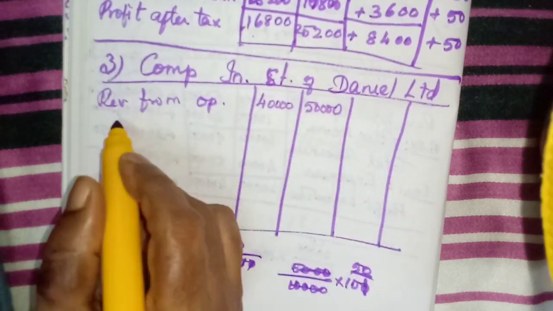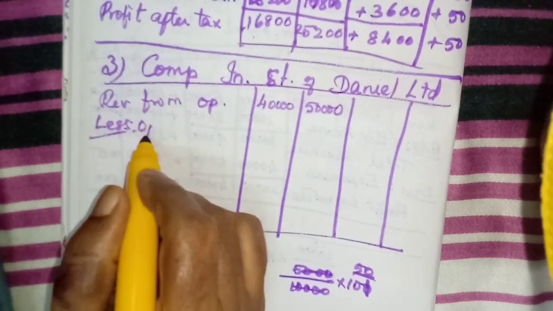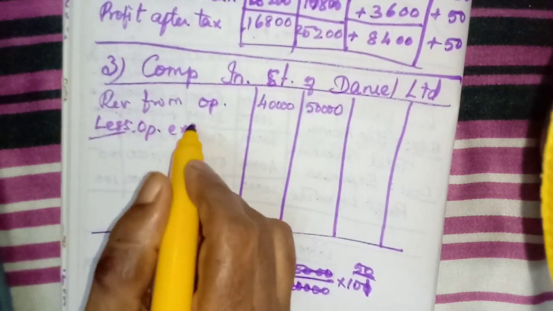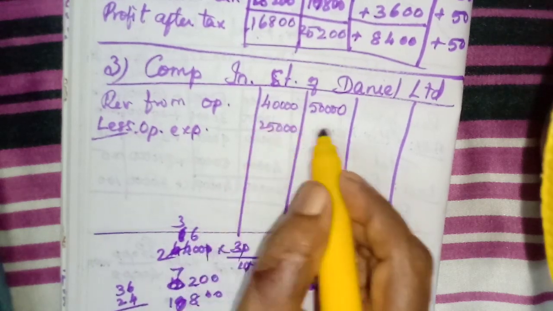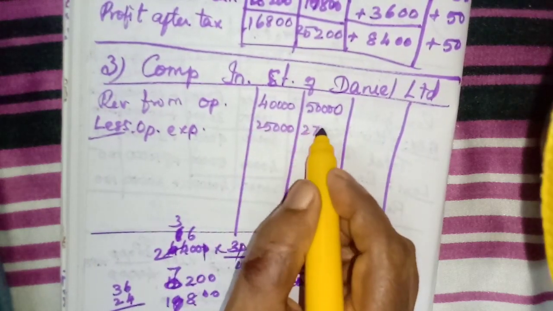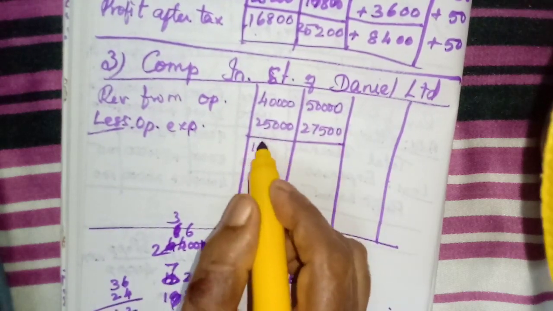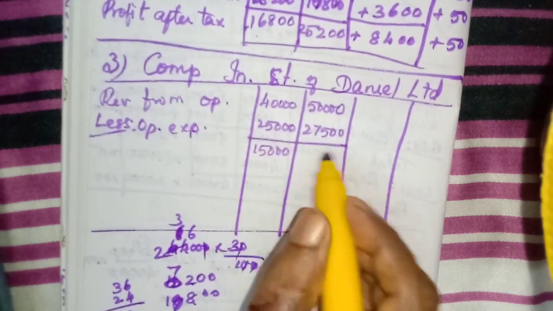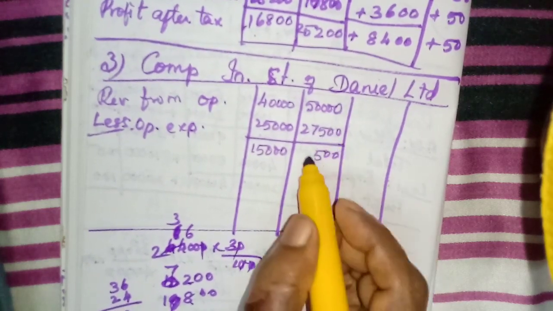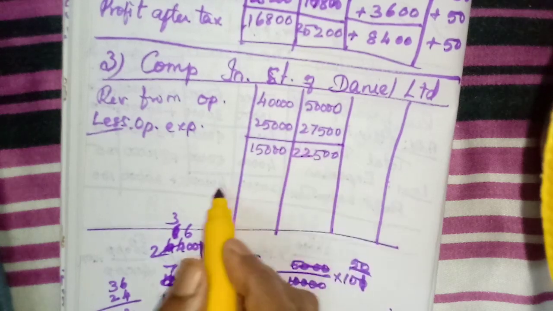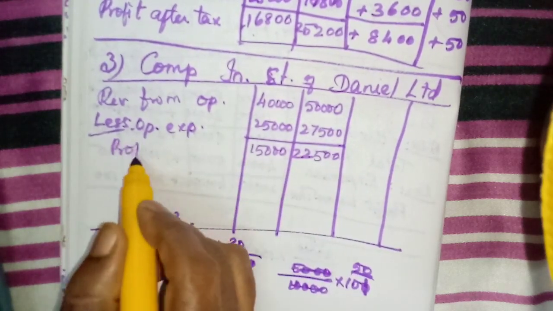Then operating expense, less operating expense 25,000, 27,500. So less 15,000. Here 22,500. This is profit before tax.